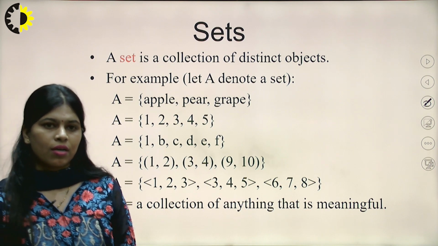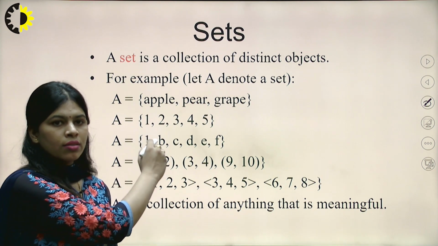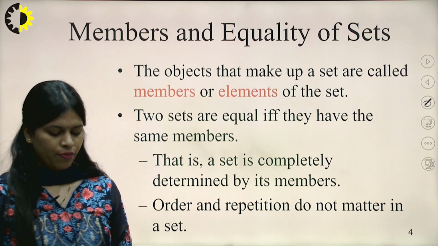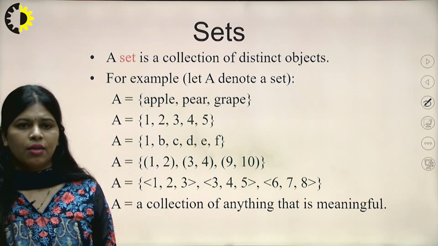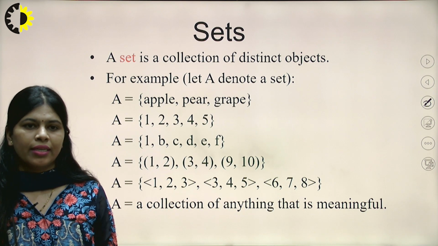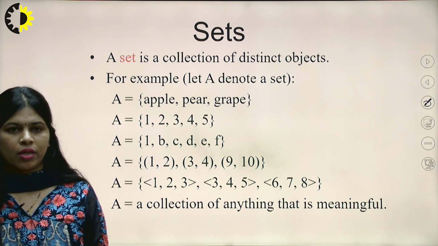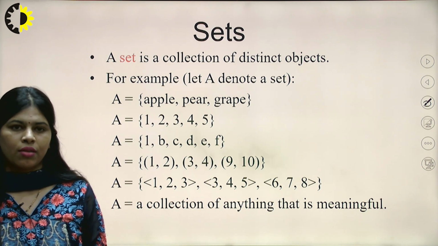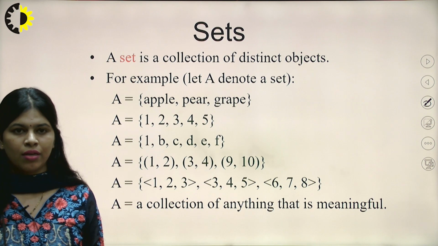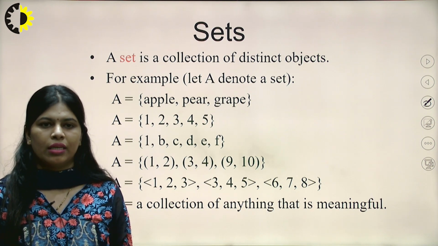Like if you are seeing on the presentation, A equal to 1, 2, 3, 4, 5. These are the elements presented in a set. The elements can be in ordered or unordered way, it doesn't matter. It could be 3, 4, 5, 1, it doesn't matter.